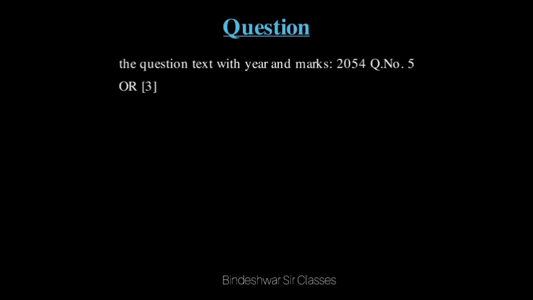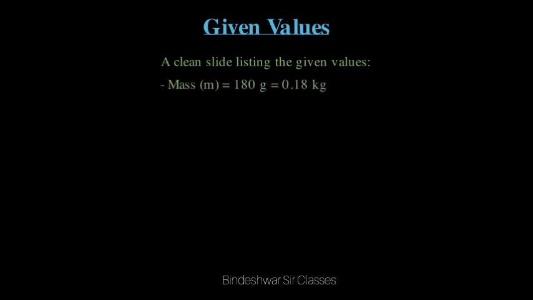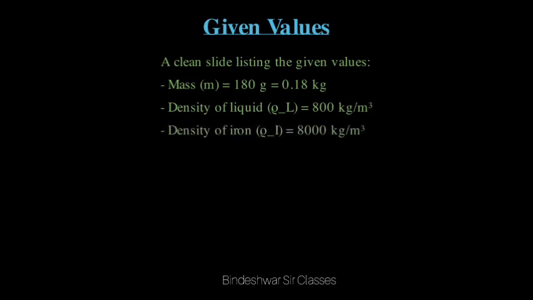Let's break this down step by step. First, let's list down all the information the problem gives us. This is always a good practice. We are given the mass of the iron object, let's call it m, which is 180 grams. Remember, we must always work in SI units, so we'll convert this to kilograms by dividing by 1,000.